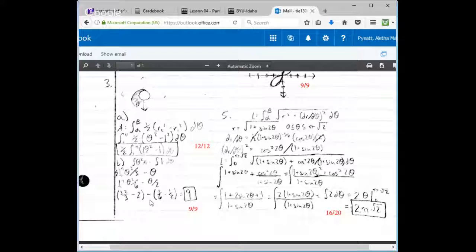4 halves minus 1. Okay, 32 thirds. Okay, so I see where I went wrong.